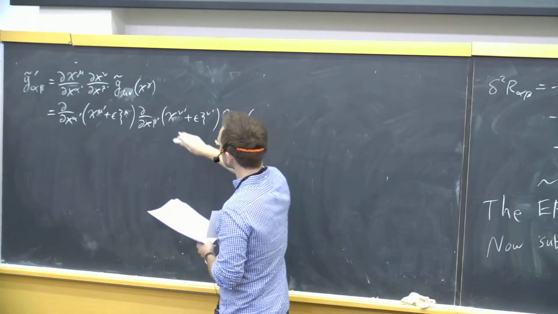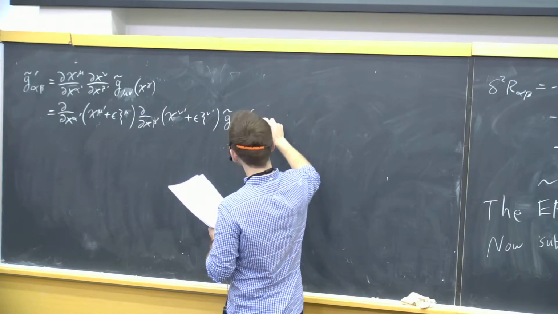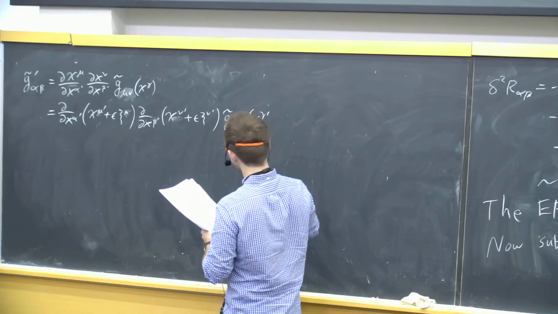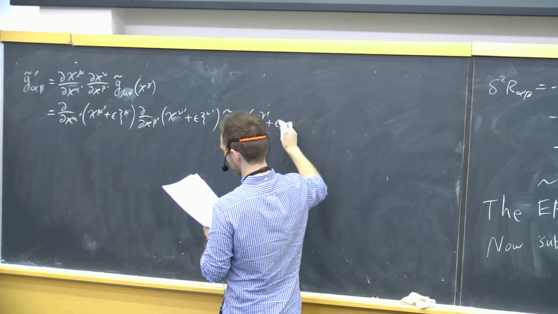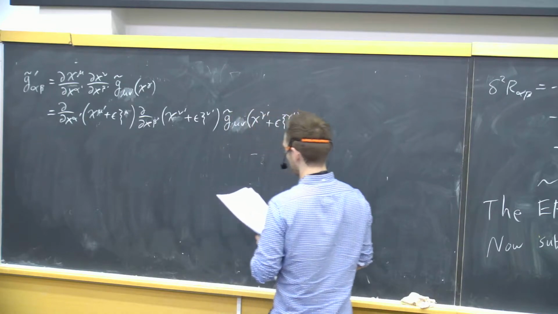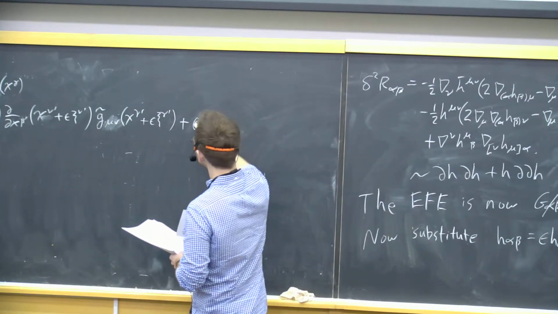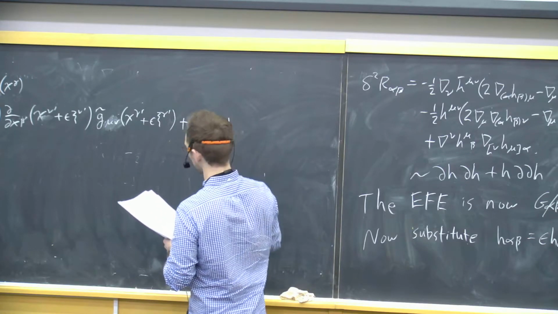And let me write the argument now in terms of the primed coordinates. So x gamma prime plus epsilon xi gamma prime. And here I'm just keeping everything to linear order in epsilon, so we have order epsilon squared corrections.